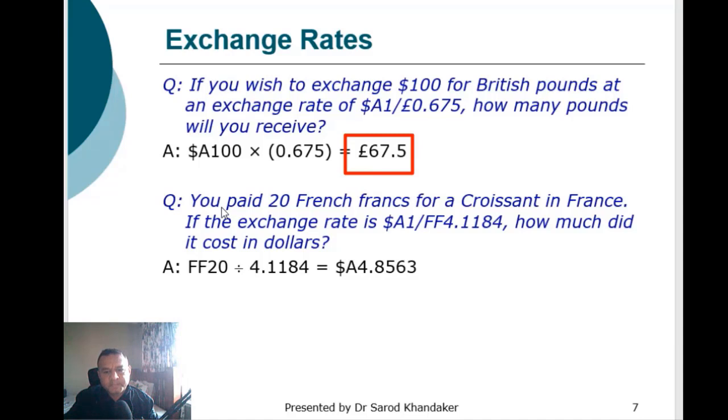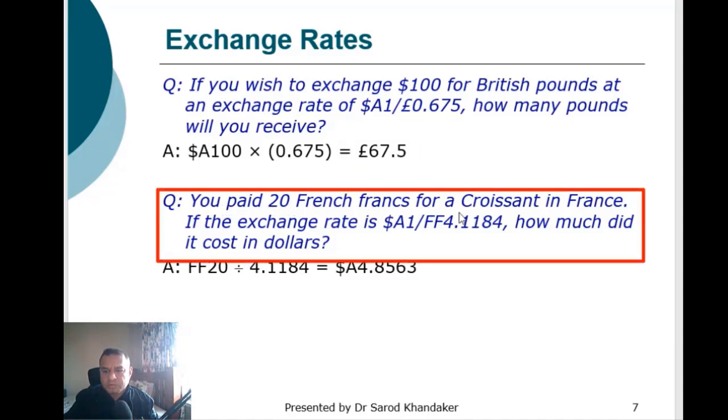So the second question: you paid 20 French francs for the croissant in France. If the exchange rate is $1 equivalent to FF 4.1184, how much did it cost in dollars?